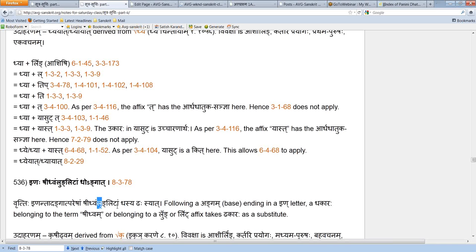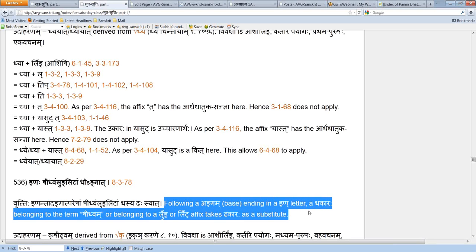It says that if you have an Angam ending in in, then the Dhakara belonging to the Shidvam, which is in the Ashirling, or a Lung Pratyaya, or Lit Pratyaya, takes the Murdhanya Dhakara as substitute.